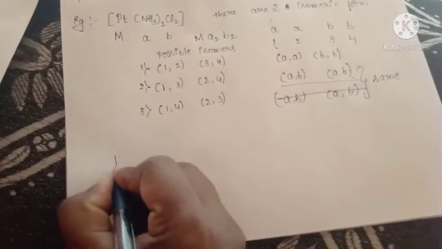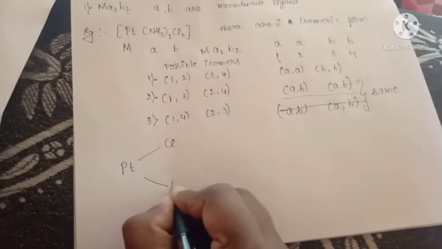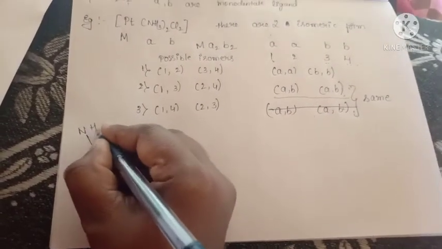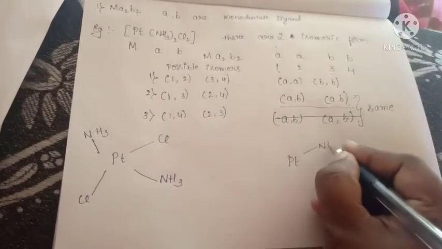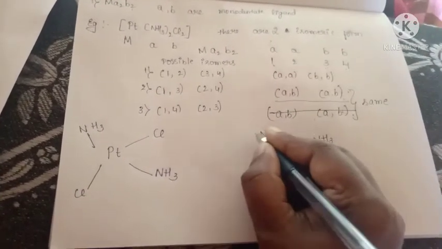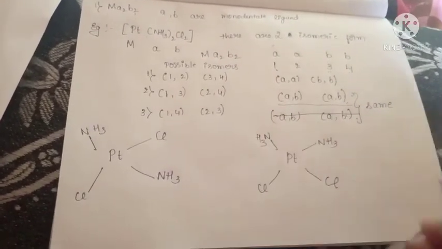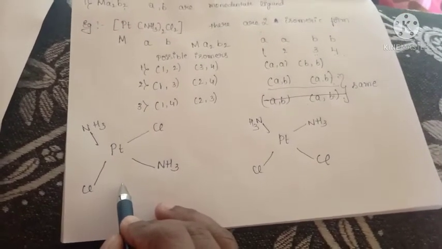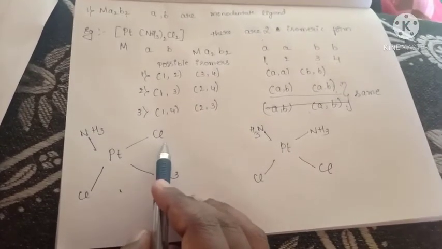We can write the structure: platinum with Cl, NH3, Cl, NH3, and then platinum with NH3, NH3, Cl, Cl. Here this is the trans isomer because the ligands are on the opposite side.